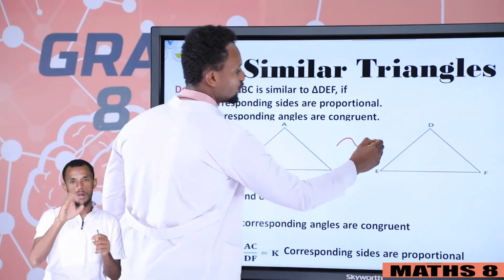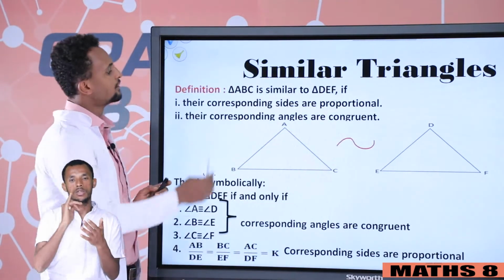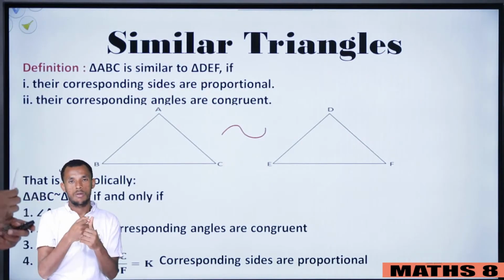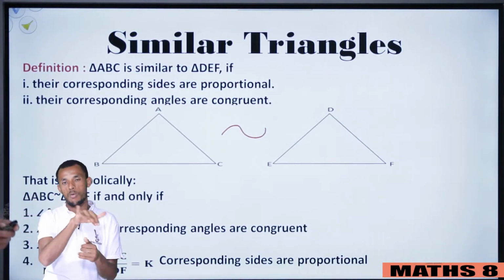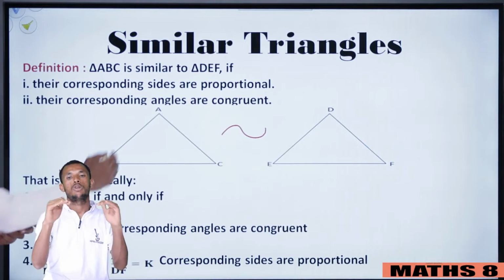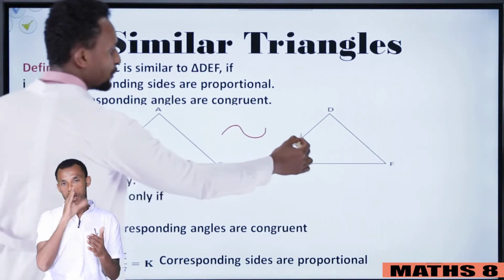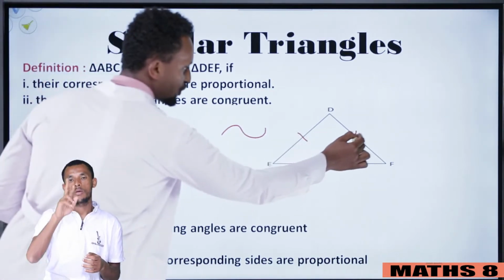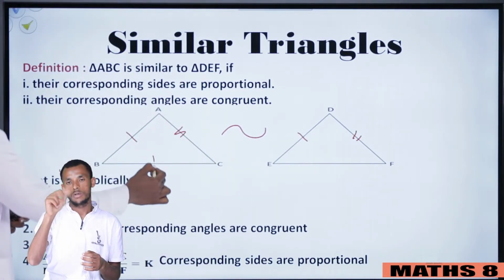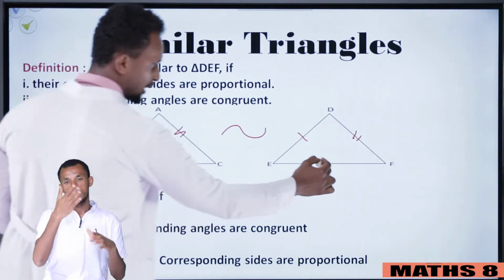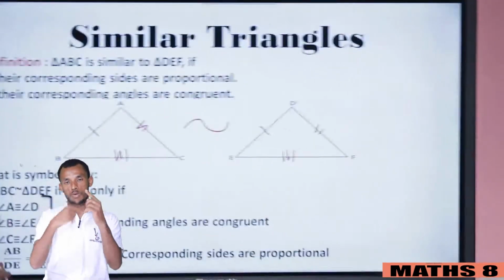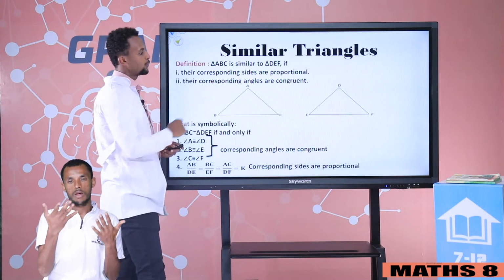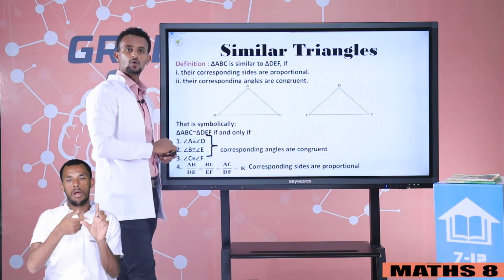To say these two are similar, they have to satisfy two things. The first one, their corresponding sides are proportional. That means this side has to be proportional to this side, this side will be proportional to this side, and side BC is proportional to side EF. The second thing, their corresponding angles are congruent.